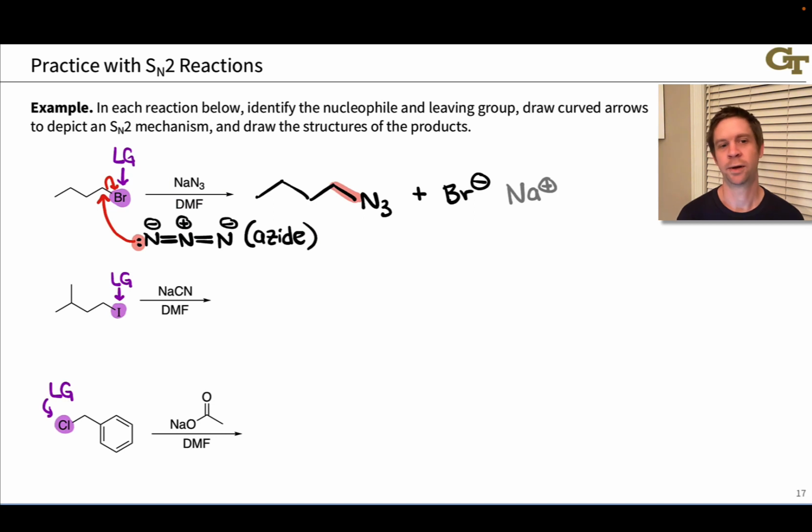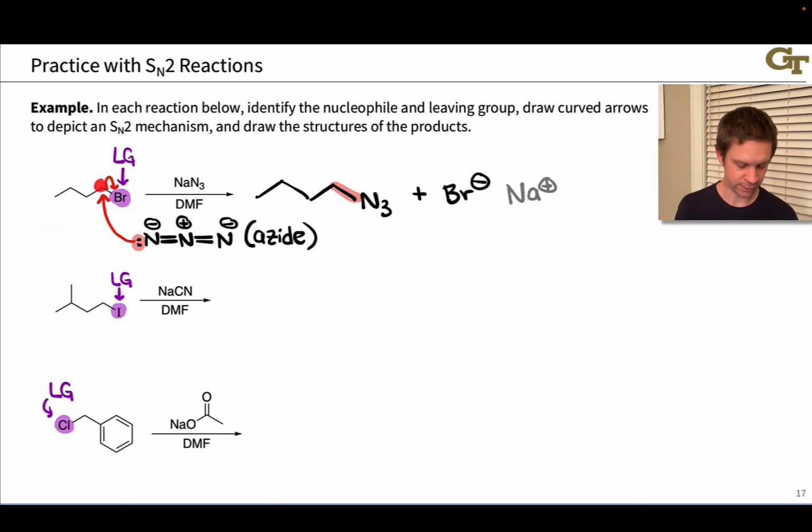The last thing I would point out here is the solvent used. In fact, it's the same solvent in all three cases, DMF or dimethylformamide. This is a polar aprotic solvent that encourages SN2 reactions to take place at a relatively rapid rate. So DMF is a great solvent for SN2 reactions. Notice also that the alkyl halide is fantastic for SN2. It's a primary alkyl halide.